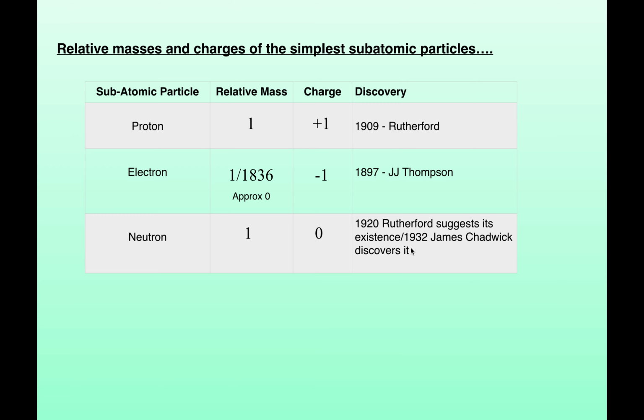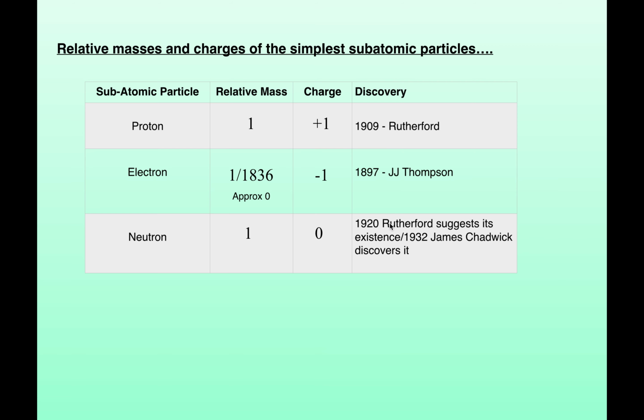It took a lot longer. If you look at this, the electron was discovered first by Thomson at the end of the 19th century. And then Rutherford, although they thought that these particles existed, they had to prove they existed, didn't really prove it for another 12 years.